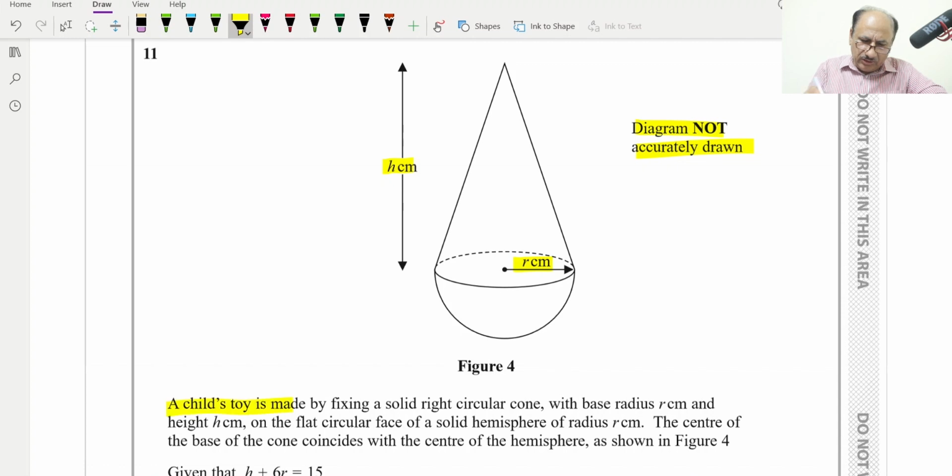A child's toy is made by fixing a solid right circular cone with base radius r and height h on the flat circular face of a solid hemisphere of radius r. The center of the base of the cone coincides with the center of the hemisphere as shown in figure 4.